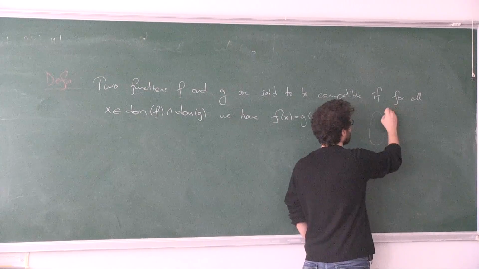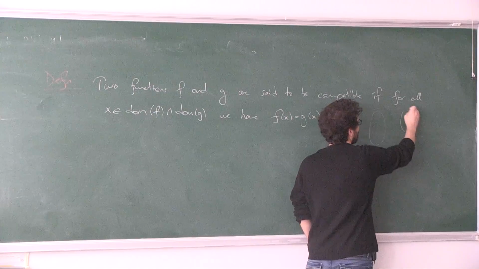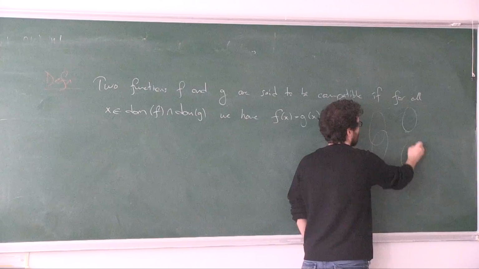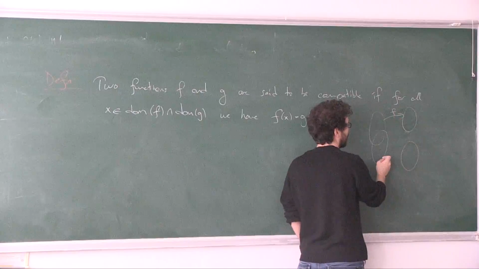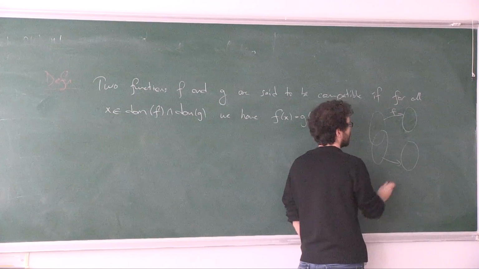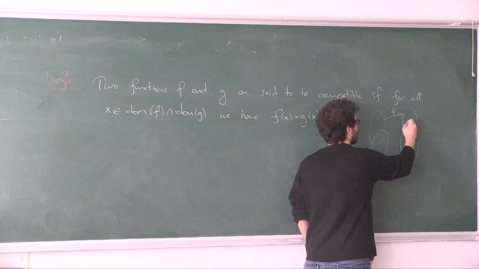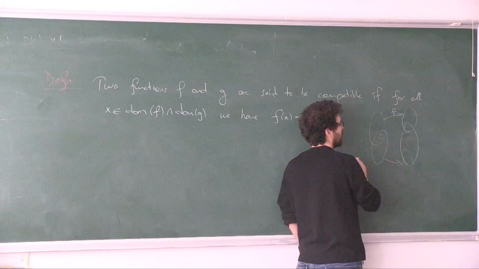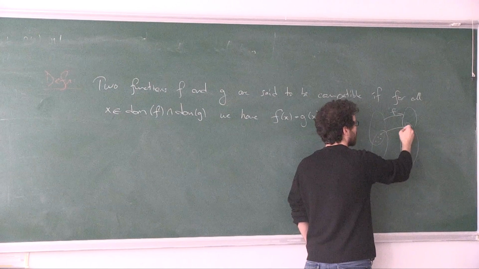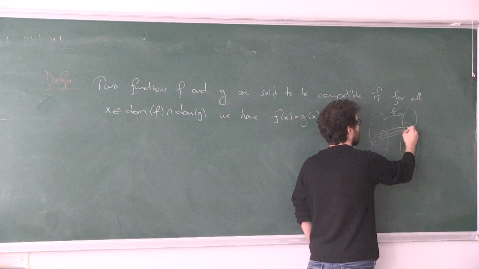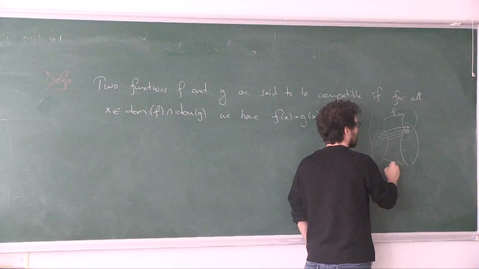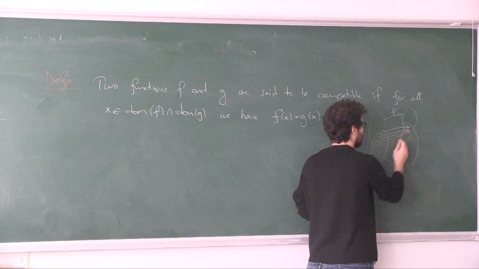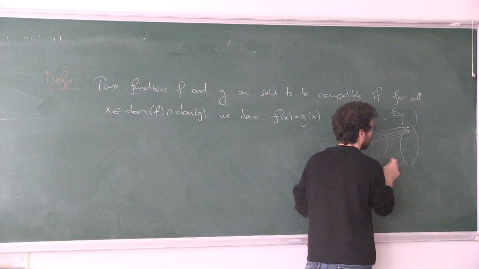So pictorially, you have a function f, you have a function g, and if there's an intersection of the domains of these guys, on the intersection these functions should behave the same.